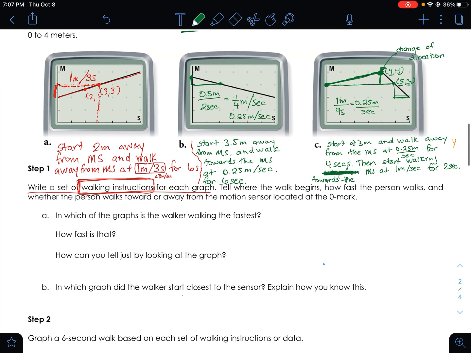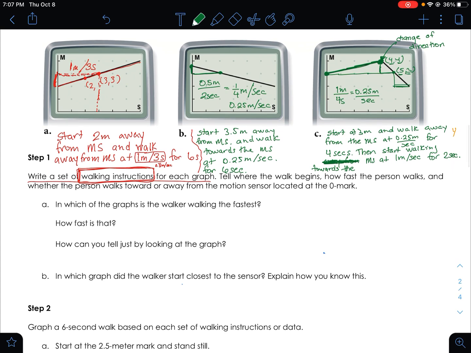So if we look at these questions in parts A and B, it says, in which of the graphs is the walker walking the fastest? Remember, if we want to figure out the place where he's walking the fastest speed, we're looking for the steepest graph. In this case, the steepest graph at any point in these 3 graphs is right here.